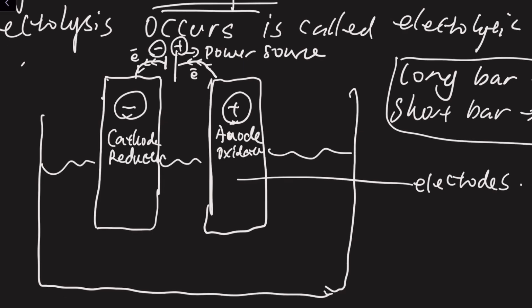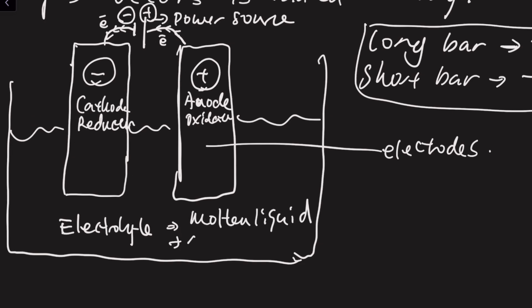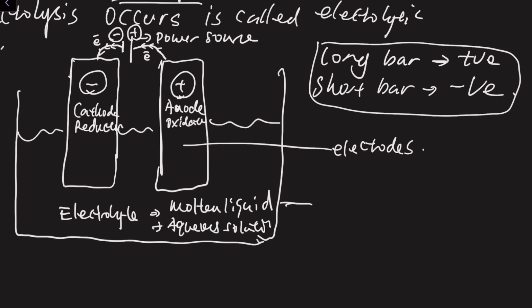Now let's look at the choice of electrolyte. It can be either molten liquid or aqueous solution. For molten liquid, usually it's very, very hot, more than 1000 degrees.